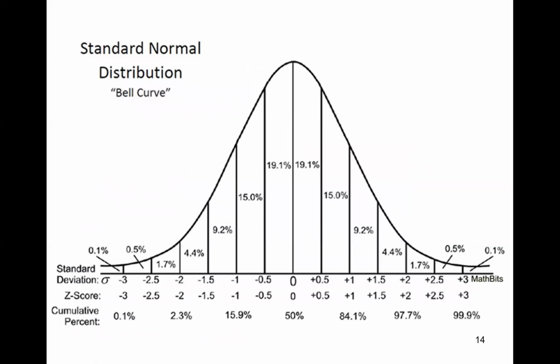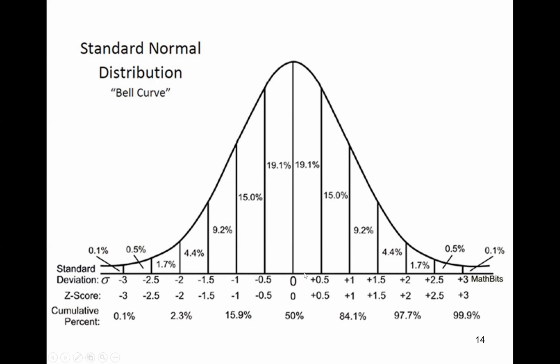All right, so before I explain those Z values, I first need to remind you about the standard normal distribution. Hopefully you've all seen this at some point, maybe in high school. So let me just briefly remind you of the standard normal distribution, sometimes known as the bell curve. A standard normal distribution is for a variable that has a mean of 0 and a standard deviation equal to 1.